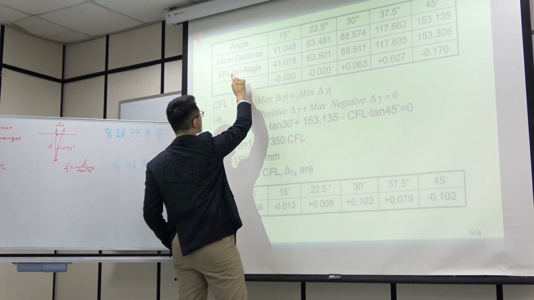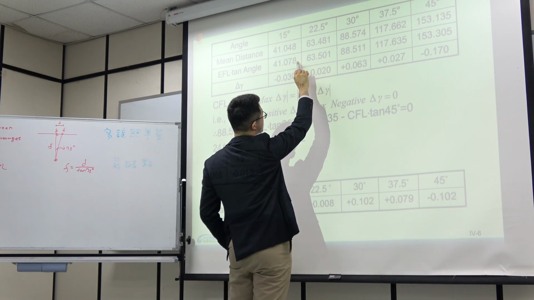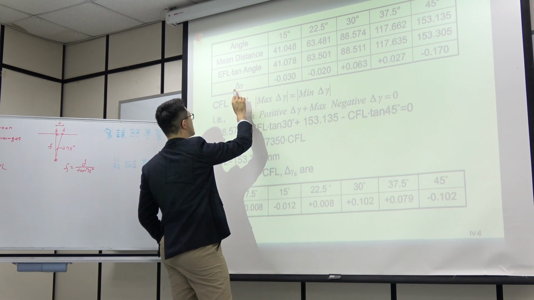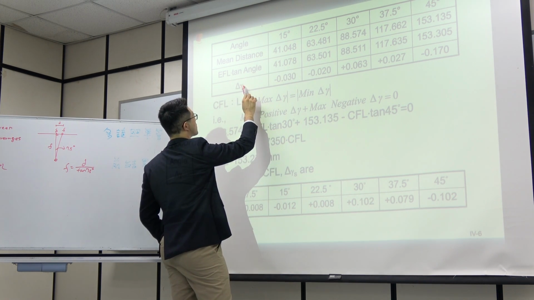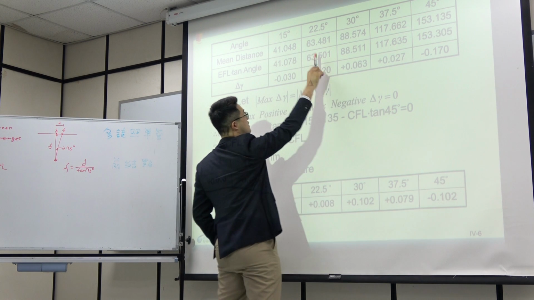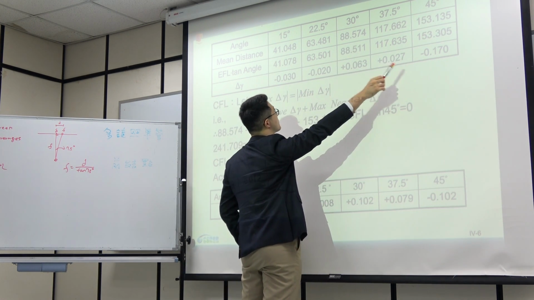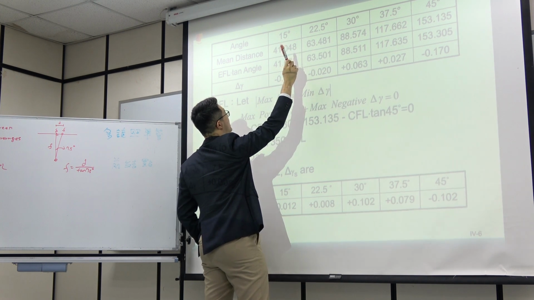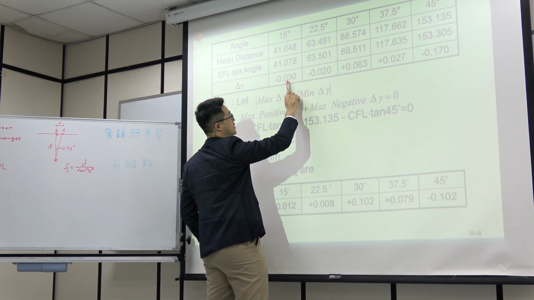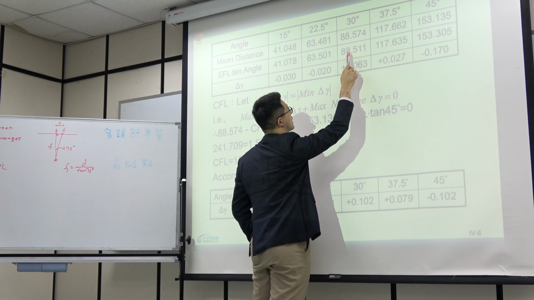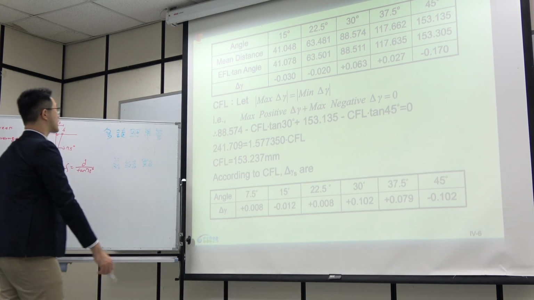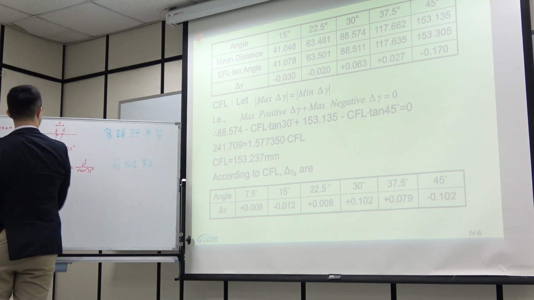So the third row is the ideal distance, and the fourth row, delta R, is the length distortion at different angles, which means the differences between the measured distance and the ideal distance, the differences between the second and third row. Okay, that's the third step.